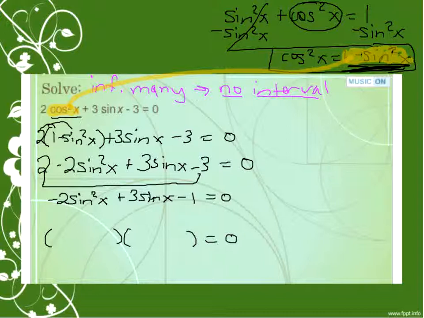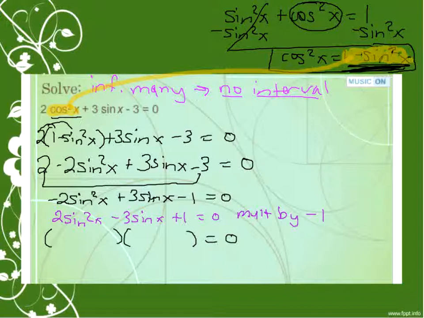So we're just going to do one quick step to make it so that I have a positive leading coefficient. We're going to multiply through by a -1. So that's going to change it to a positive, a negative, and a positive. Okay, so why did we do that step? Because we always want our leading coefficient to be positive before we factor it.